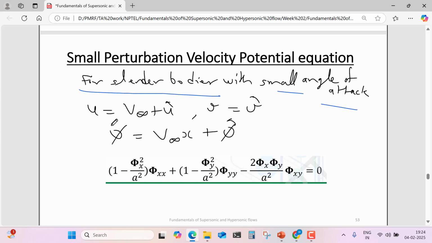So for finding the equation, we have to give the perturbation in the velocity. Our free stream velocity was u equal to u infinity and v equal to 0. So we have given the perturbation, so it will become u equal to u infinity plus u cap and v equal to v cap. And our phi can be given by u infinity x plus phi cap.